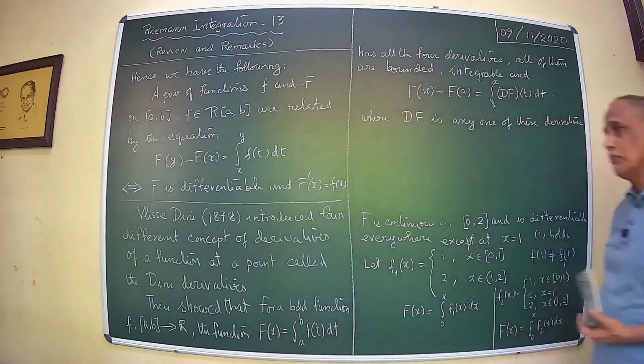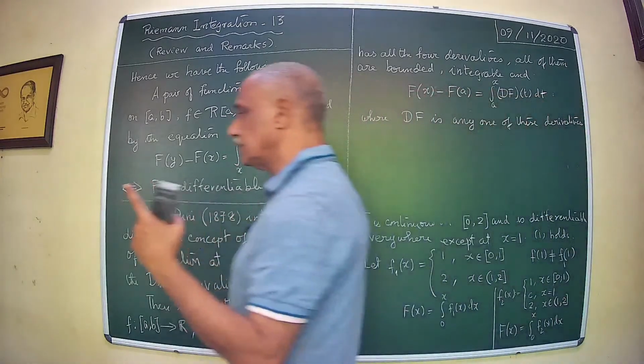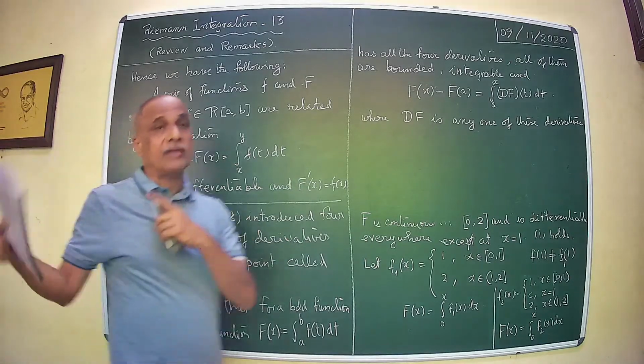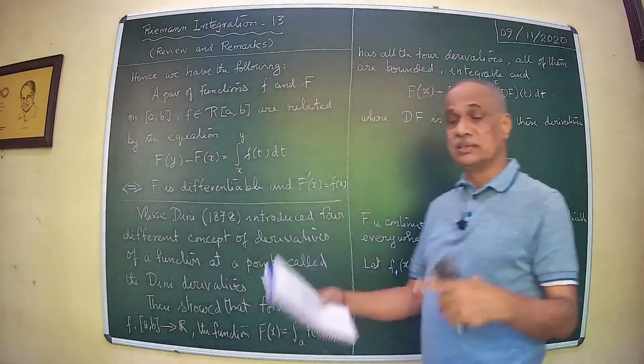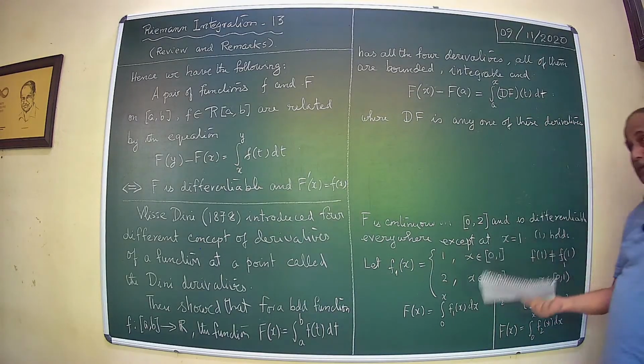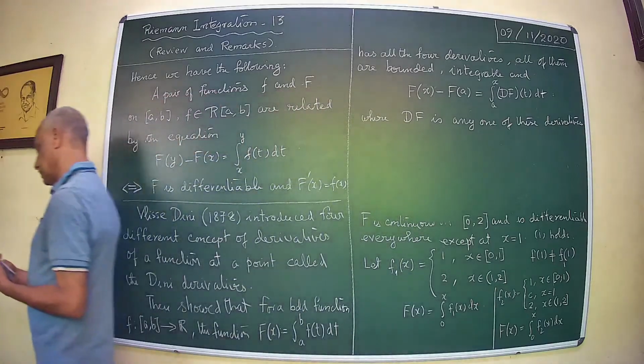Therefore, what we have broken down is the possible unique relationship between the small f and capital F connected through this integral. So such a relation cannot really be asserted.